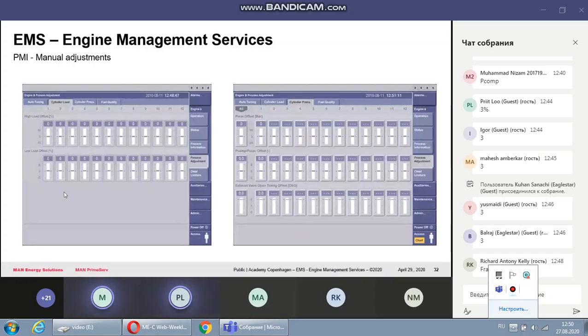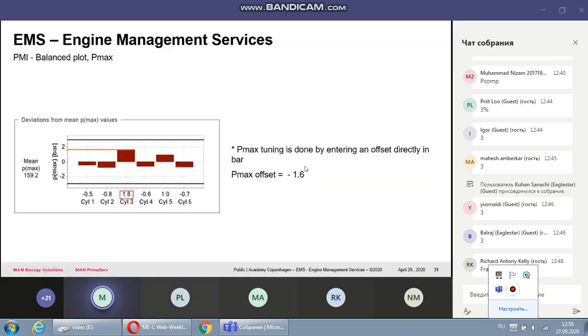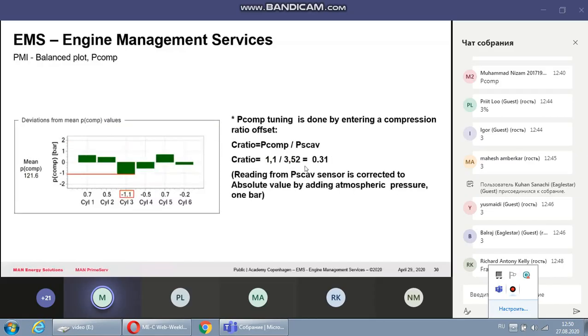P scavenger offset. Very nice. So that is correct. It has to be done by P comp by P scavenge. This one. Now we need to go back again to calculate the formula.